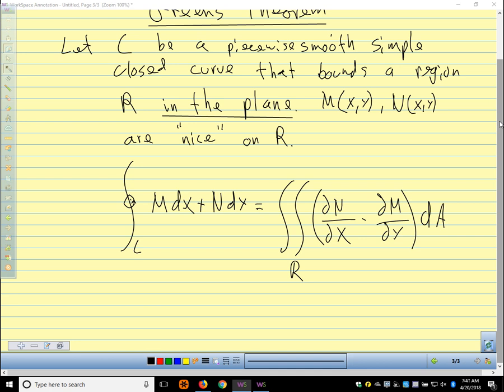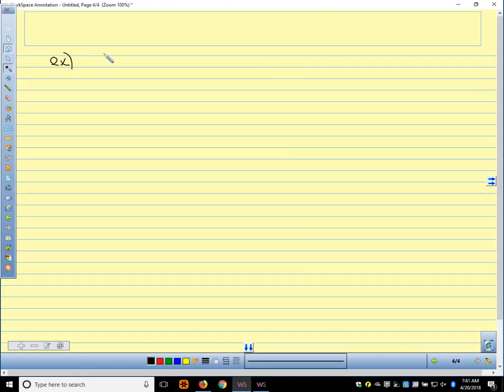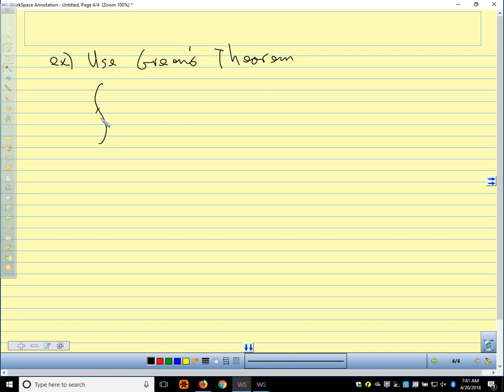So we're going to use Green's theorem. We're going to evaluate the line integral around this closed curve C of (y minus x) dx plus (2x minus y) dy.